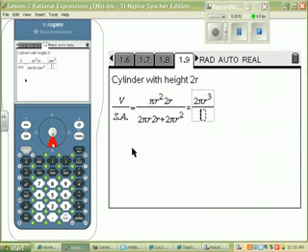Okay, likewise, 2 pi r times 2r. How are we going to simplify this first piece? It would be 2 pi r cubed. 2 times 2? R times r. 4 pi r squared. Do I have to do anything to the second half of that denominator?